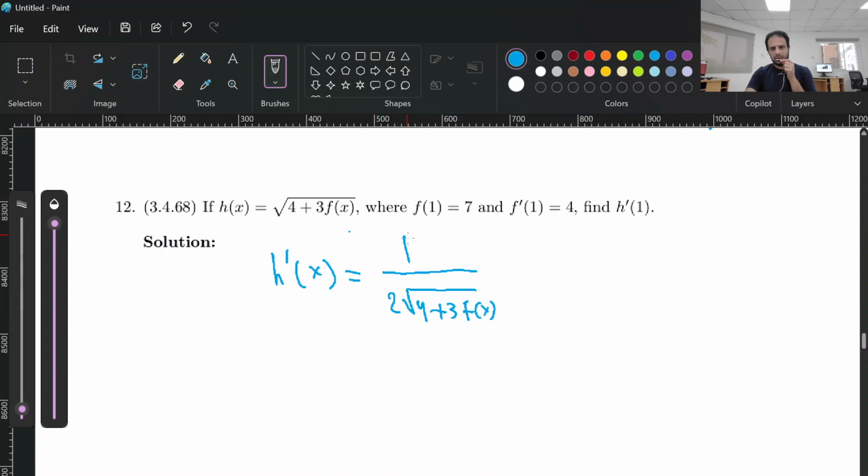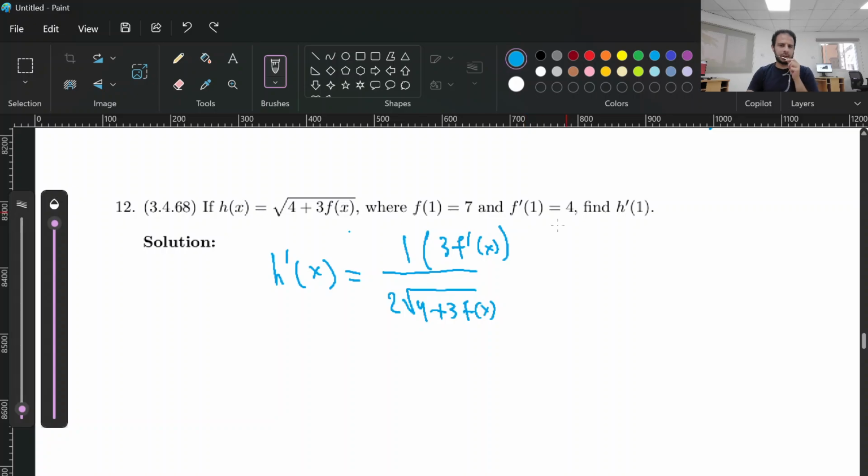The derivative of outer is 1 over 2 this square root, right? Then times derivative of inner. So multiply by 3 f prime of x. Are you good with this? Wait, Professor, why did you multiply up above? You can multiply here if you want. Same idea. You can put it up if you want.